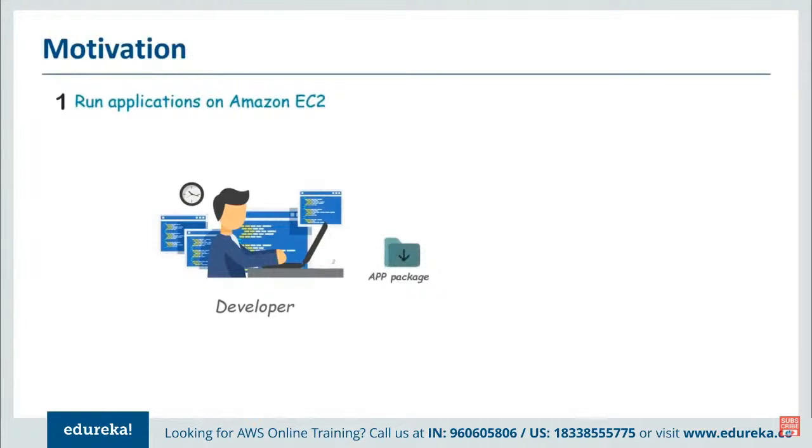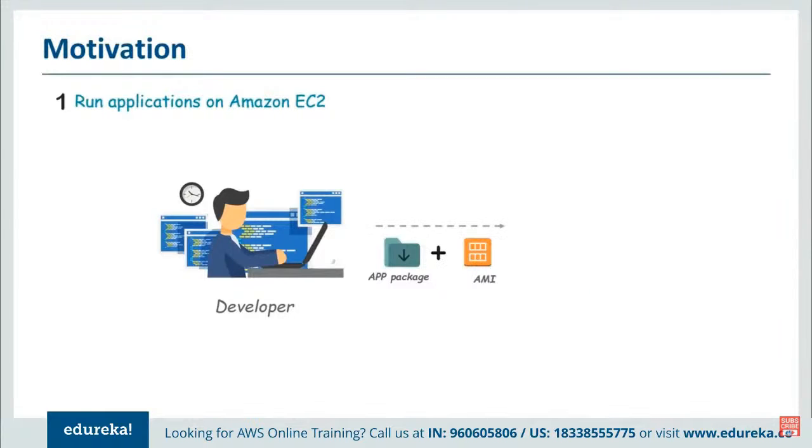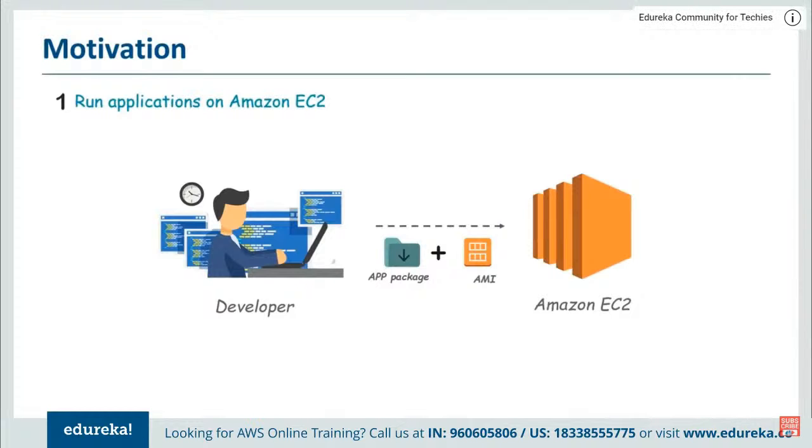So they would create this application package. This application package had code, a lot of system libraries, system tools, web frameworks, and many other software packages that are needed to run an application successfully. Then they would take this application package and combine it with an operating system into what we call an Amazon machine image. Then they would launch this Amazon machine image and run it on an Amazon EC2 instance.